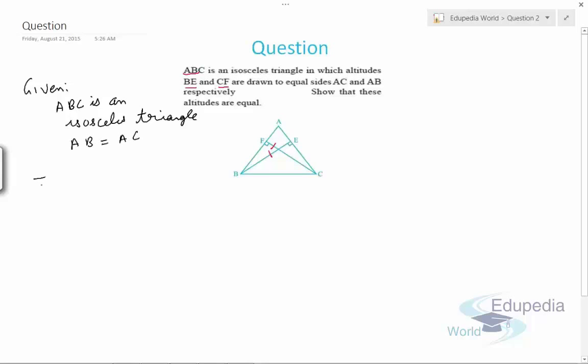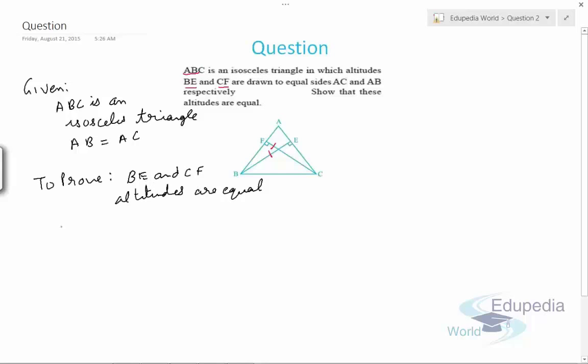Now we need to prove, in triangle ABC, that BE and CF altitudes are equal. Now let's see how we can prove these types of questions.